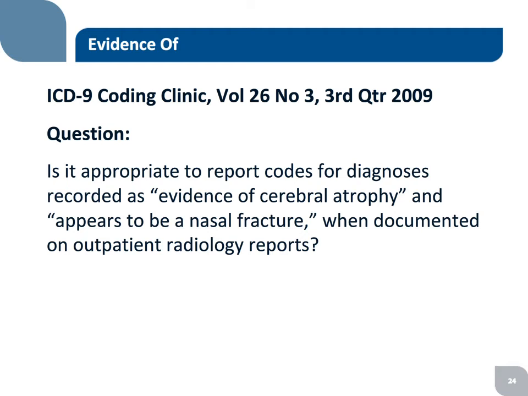But the word evidence of a particular condition is not considered an uncertain diagnosis and should be coded and reported in the outpatient setting. So evidence of, we would code. Consistent with, probable, suspected, we would not. So just be aware of that.